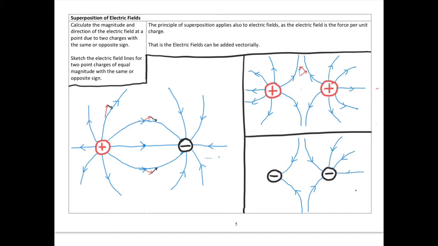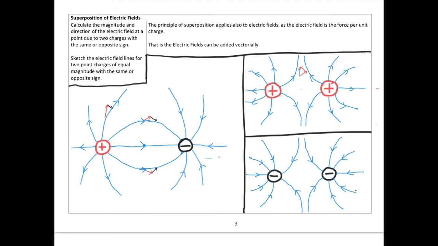I think once you do these a few times, you tend to remember them. But if you ever do forget, you can go back and do that little vector type thing that I did just there to work them out again. So everything coming in towards the negative.